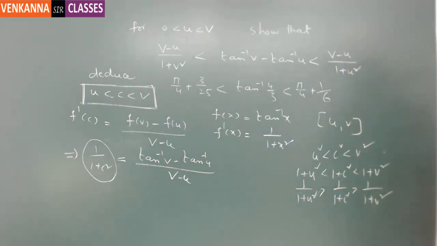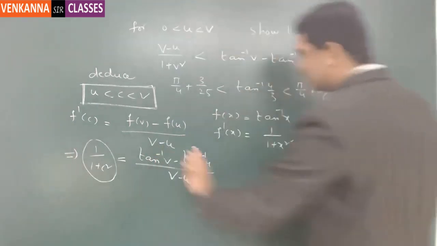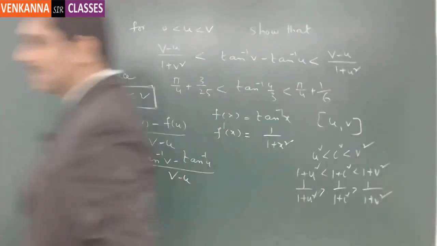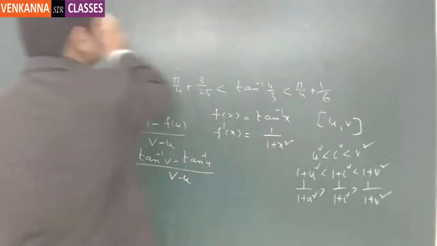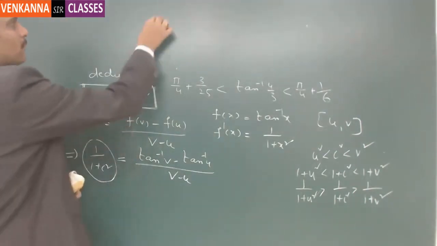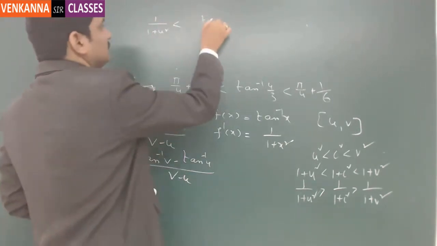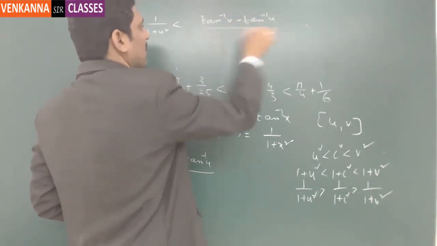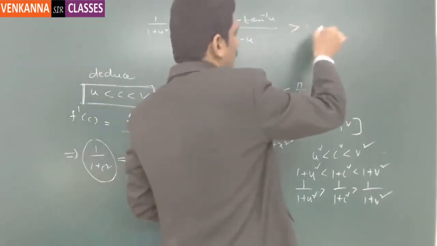So since the values are equal here, in place of 1 by 1 plus c square, you can substitute this part in this inequality. So you are going to get 1 by 1 plus u square is less than tan inverse v minus tan inverse u by v minus u, and this is greater than 1 by 1 plus v square.